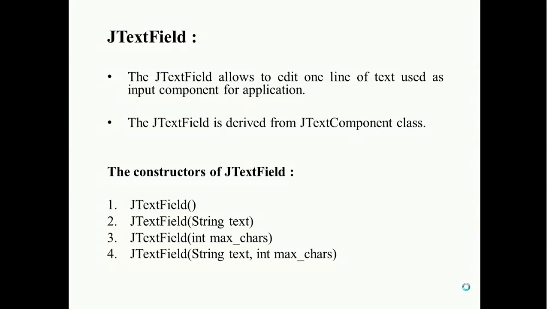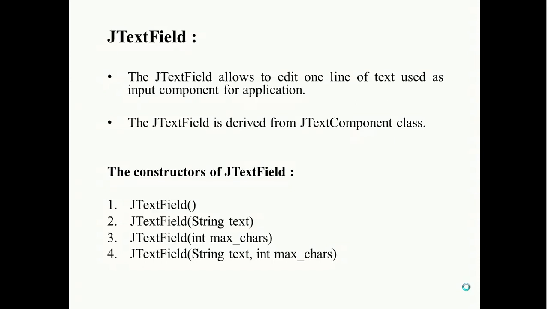One of its subclasses is JTextField, which allows editing one line of text. Means simply JTextField is used to retrieve one line of text. Only the JTextField edits one line of text, and JTextField is derived from the JTextComponent class.